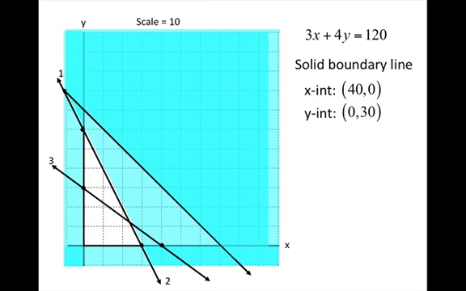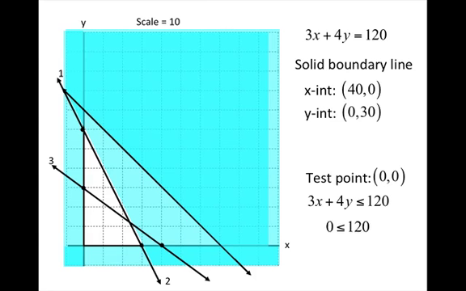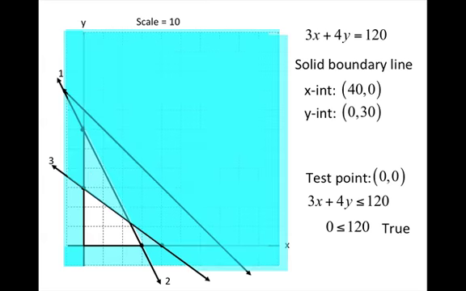And just like my other two boundary lines, this does not go through 0, 0, so I can test 0, 0. Go to the original inequality, the 3x plus 4y is less than or equal to 120. If you plug in 0, 0, you get 0 is less than or equal to 120. This is true, so I do not shade 0, 0, I shade the other side.